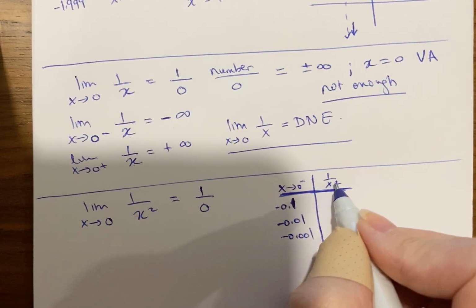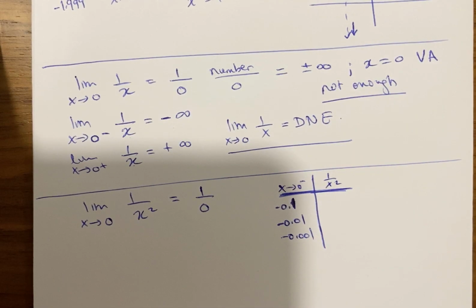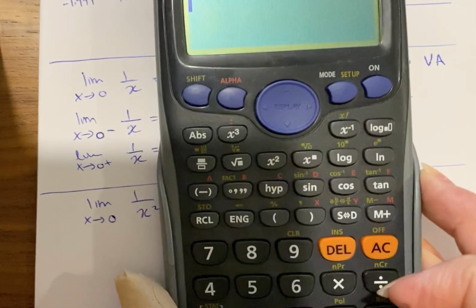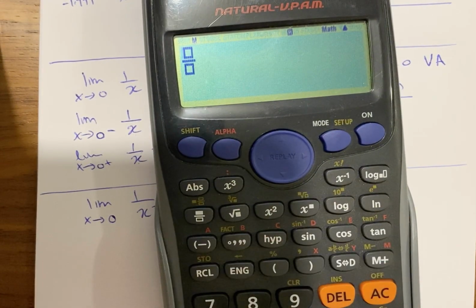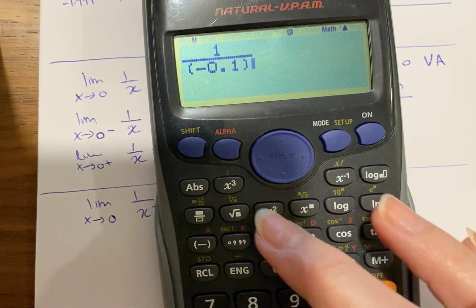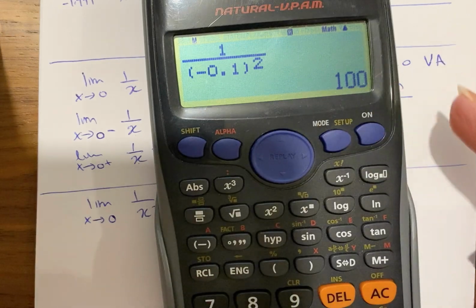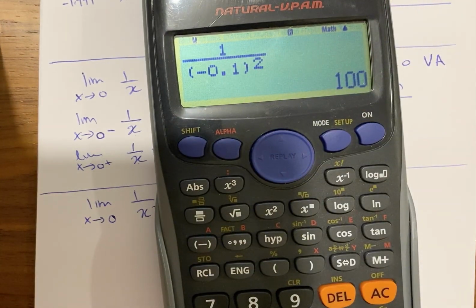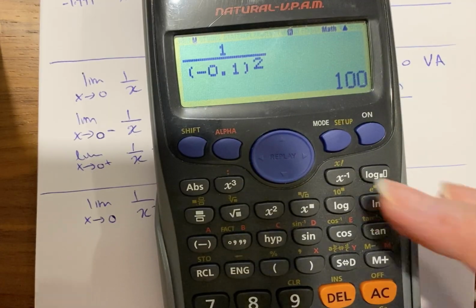What will happen when I square the number and then take the reciprocal, 1 over x squared? These are becoming smaller and smaller, closer to 0. This means that when we take the reciprocal, 1 over minus 0.1 squared becomes 100. It grows. The denominator is becoming smaller, which means the answer will become bigger.